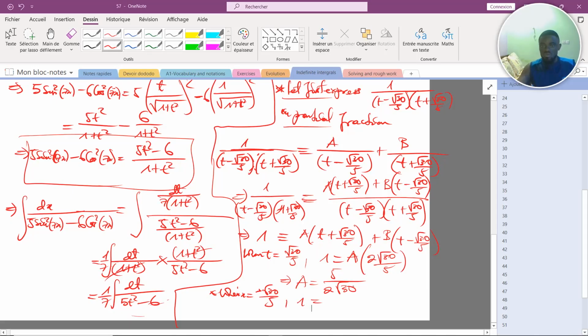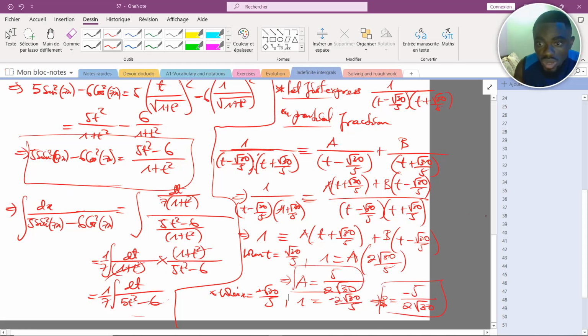Here we are going to have minus root 30 on 5 minus root 30 on 5. This gives minus 2 root 30 on 5, implying our B will be equal to minus 5 on 2 root 30. So we have already our A and B.